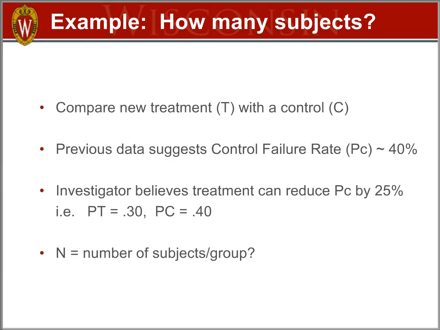I've symbolized that by P sub C. Now the investigator either hopes or believes that the new treatment could do better than that. In fact, it might be able to reduce the failure rate by 25%. That is, from a 40% failure rate down to a 30% failure rate, a relative 25% reduction, an absolute difference of 10%. So in that context, the question is, how many subjects do I need in each of my treatment arms?